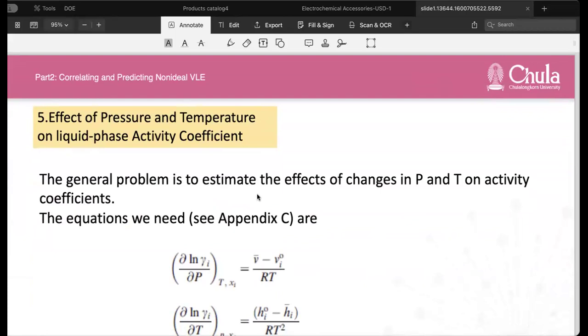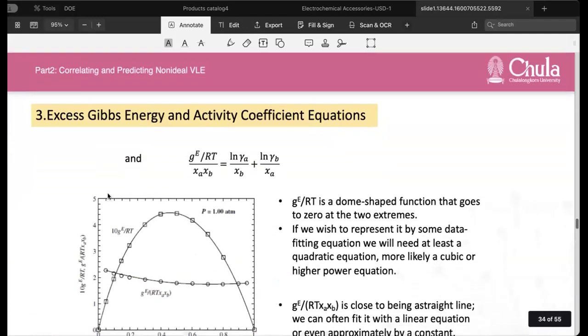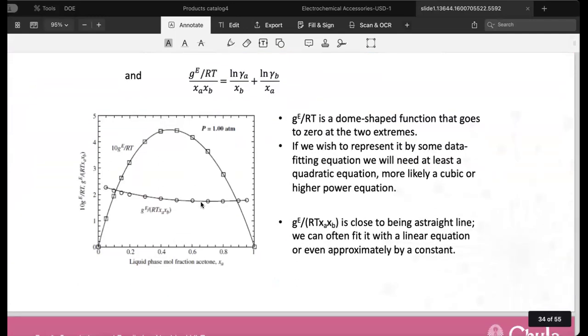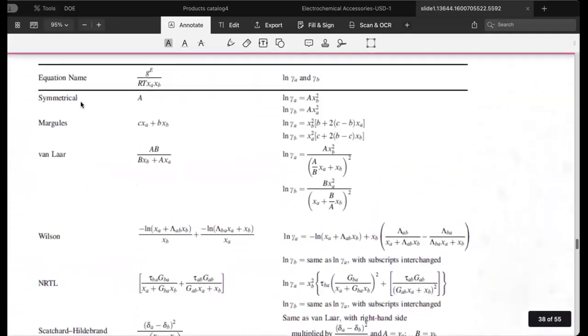From the number of experiments, you plot GE over RT XAXB, and from that you fit this curve. Of course, you can use one parameter and you obtain the symmetrical model.